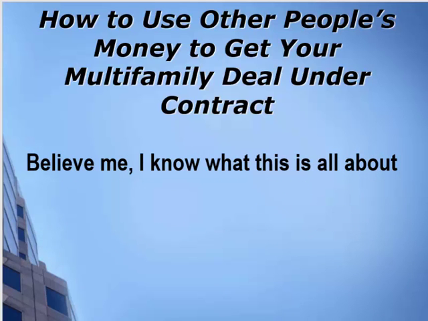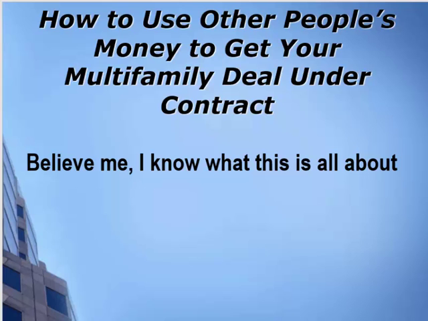Now, just let me assure you folks that I've done this before. I've been on both sides. I've been on the side of the person looking to get the deal under contract and having the earnest money available. I've been the person who had too many deals done, and or my tuition came due, and I didn't have the earnest money available.